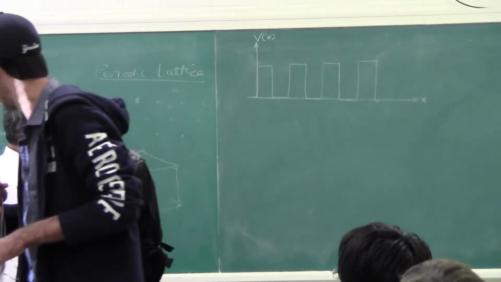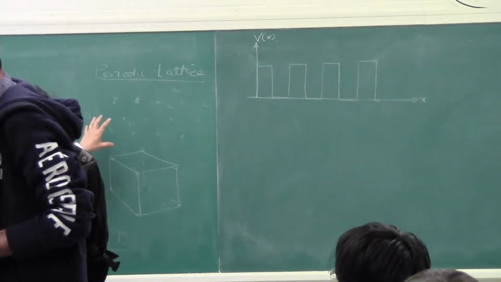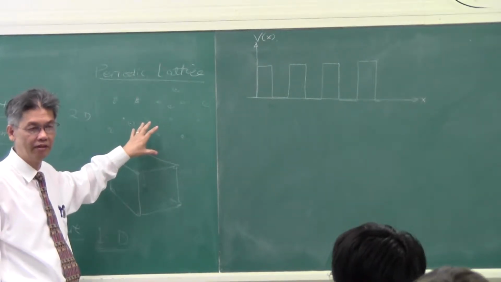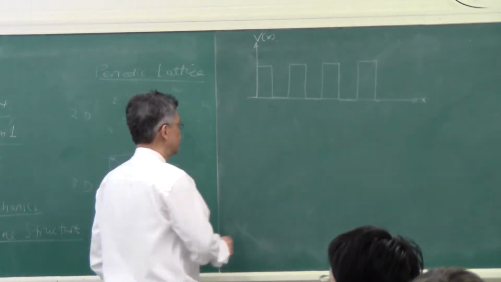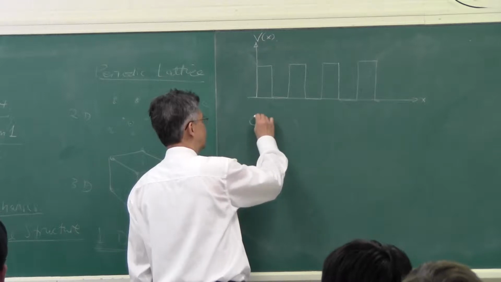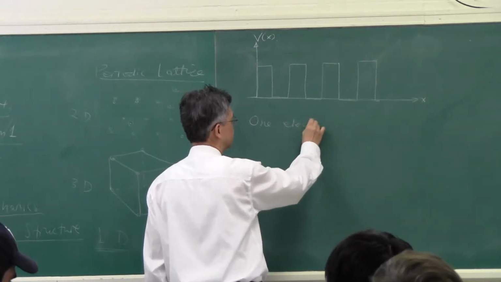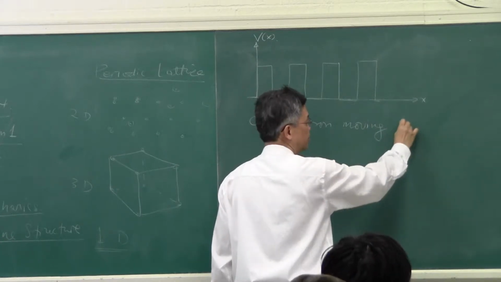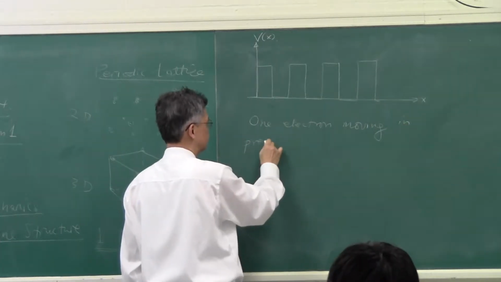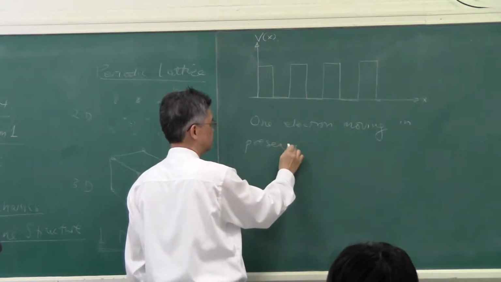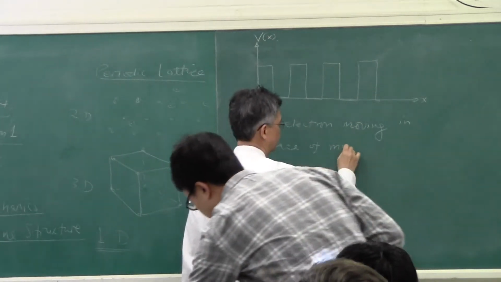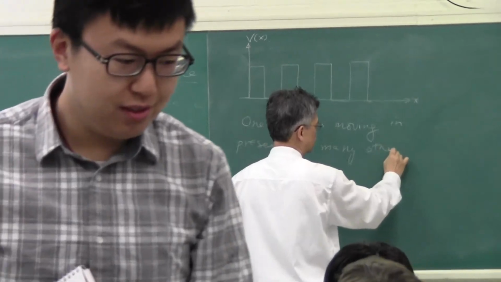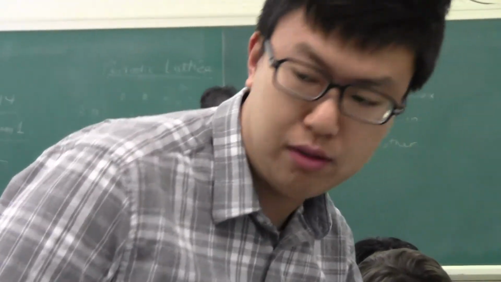But to make life simpler, we assume that all the other electrons give us an effective potential. Okay? So it is one electron moving in presence of many other electrons.